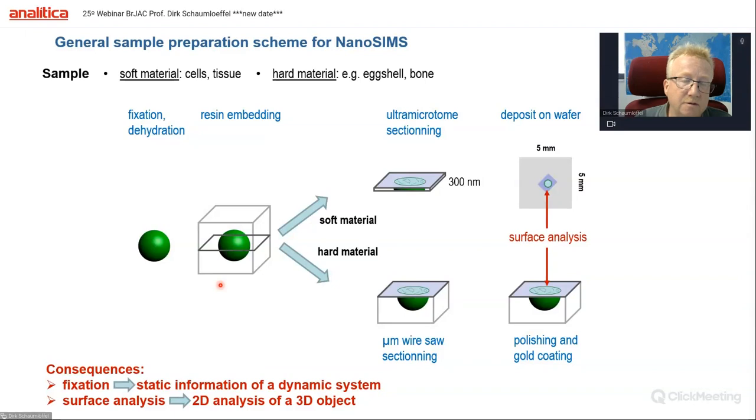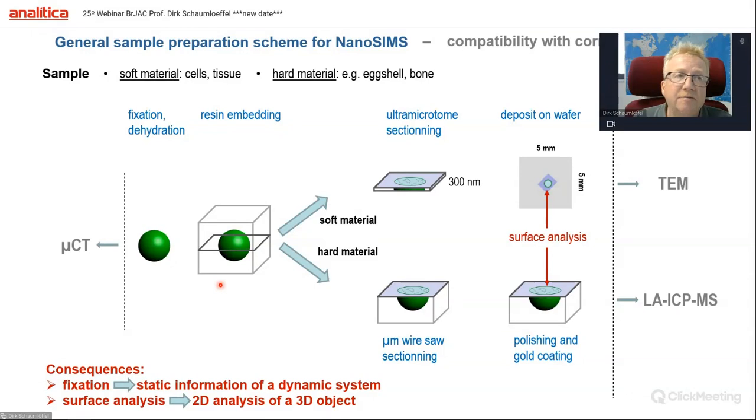If it was before a cell or a tissue, of course it's a dynamic system, but we need to fix it. So we have static information of a dynamic system. And because of the surface analysis, we have only a two-dimensional analysis of a three-dimensional object. So these are, in fact, the limitations of this kind of imaging.